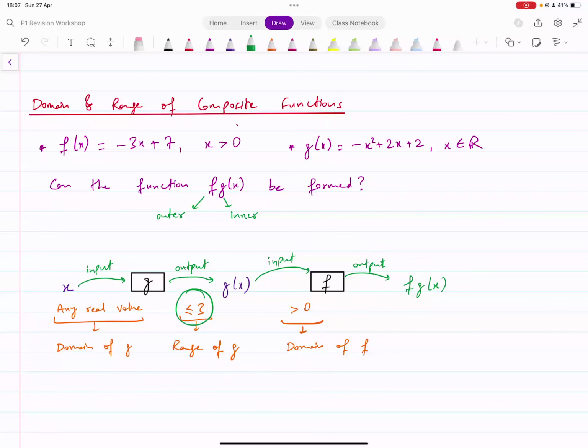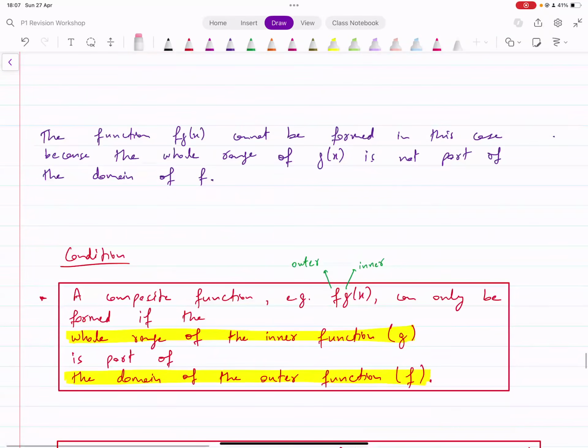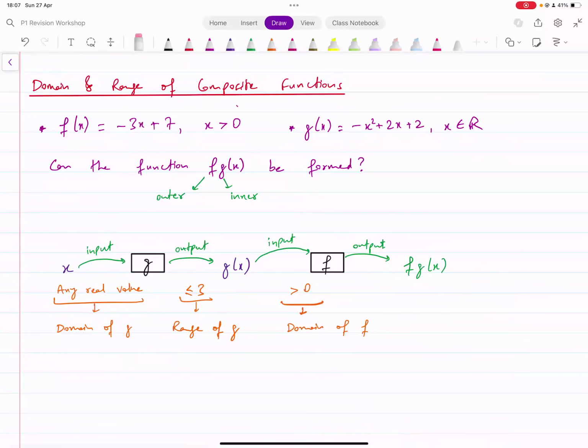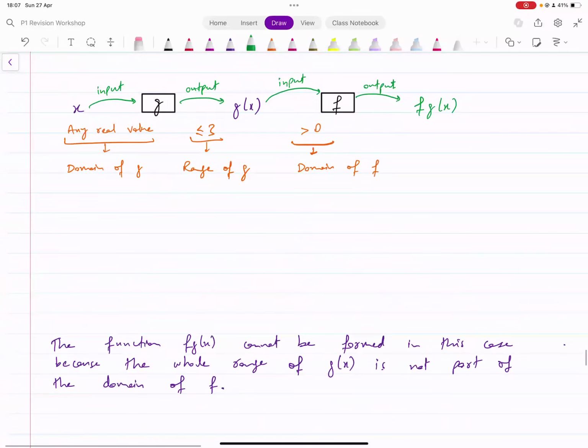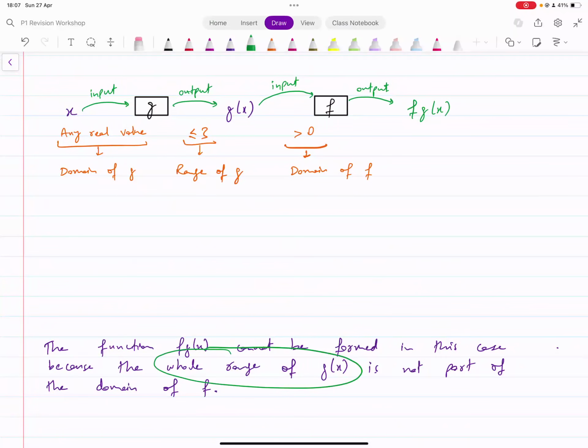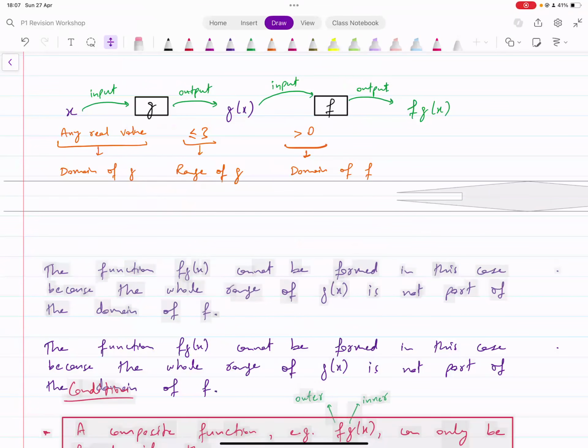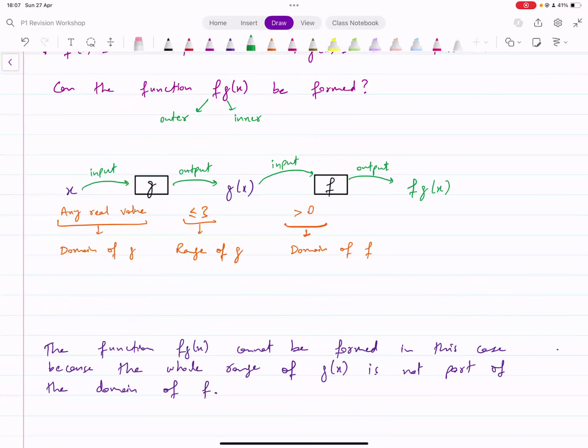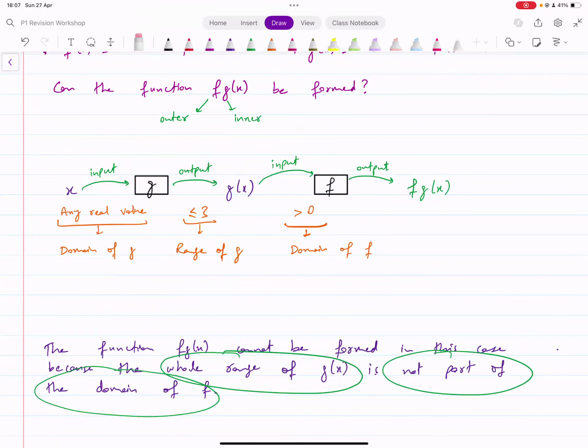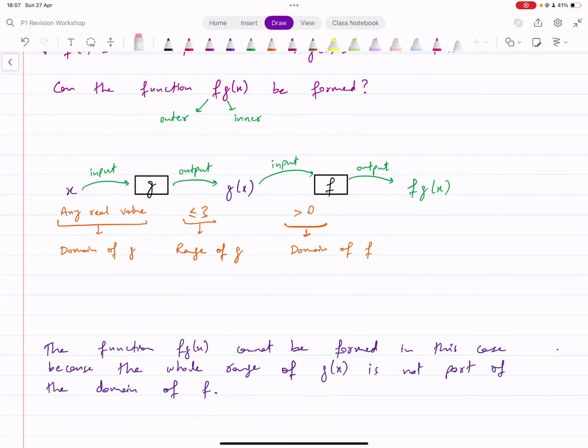When you have a negative value and that goes inside the function f, you would have a problem because the function f cannot accept it and the function would break. So from this, we get the result that this function cannot be formed in this particular example, because all the possible output values from function g cannot be input in the function f. In other words, the whole range of g is not part of the domain of f. Since it's not part of the domain of f, the function would break, it cannot exist.